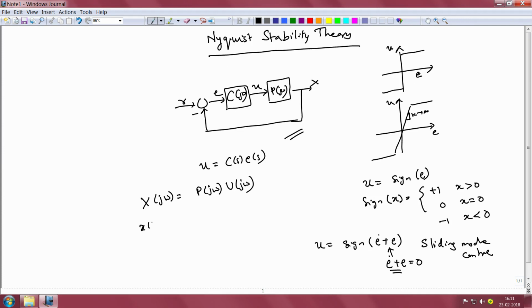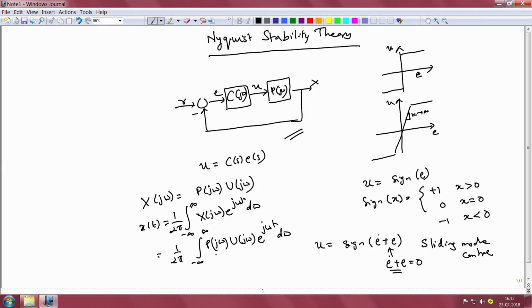and x of t equal to integral minus infinity to infinity 1 by 2 pi X of j omega e to the power j omega t d omega, and if I represent it in terms of u, I would have 1 by 2 pi integral minus infinity to infinity P of j omega U of j omega e to the power j omega t d omega.